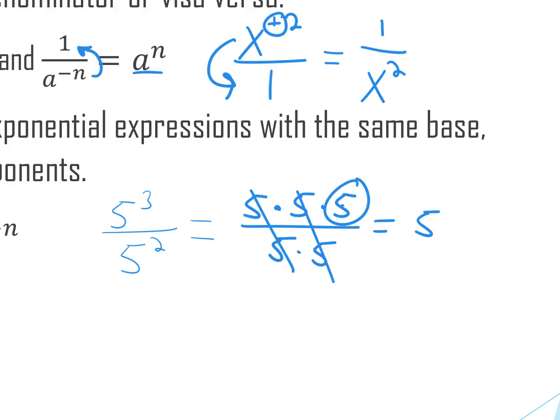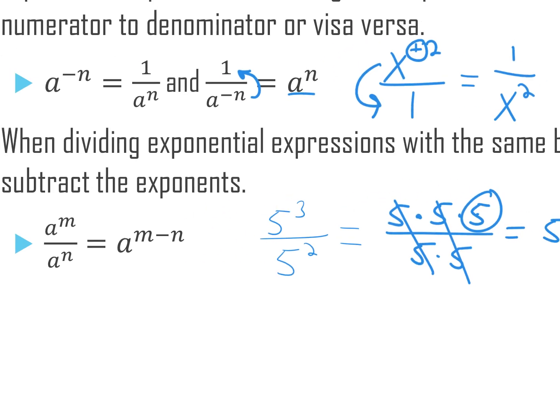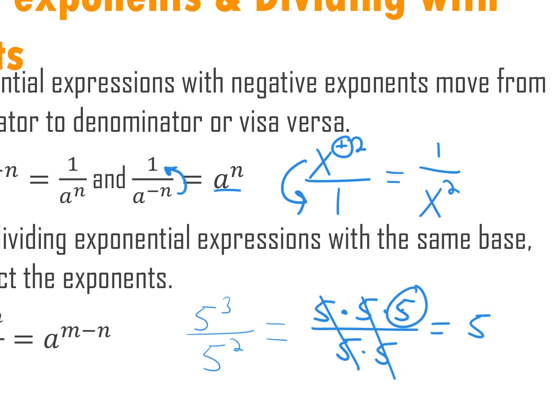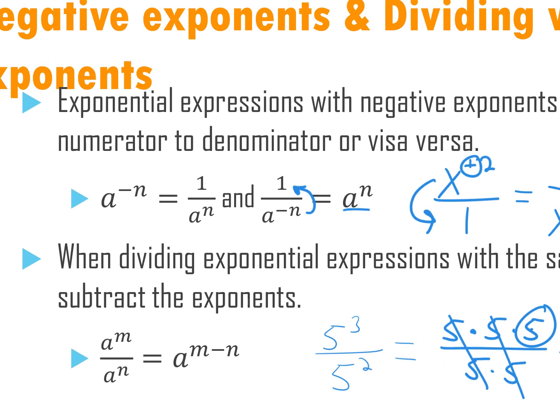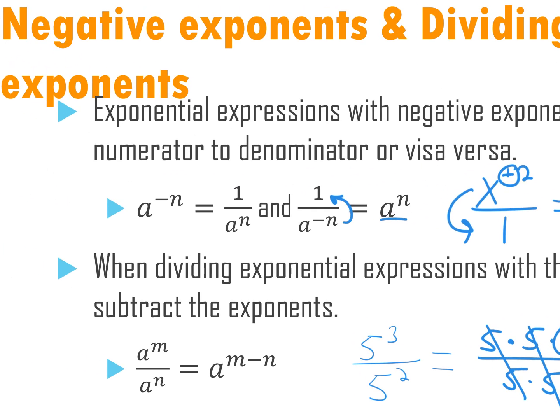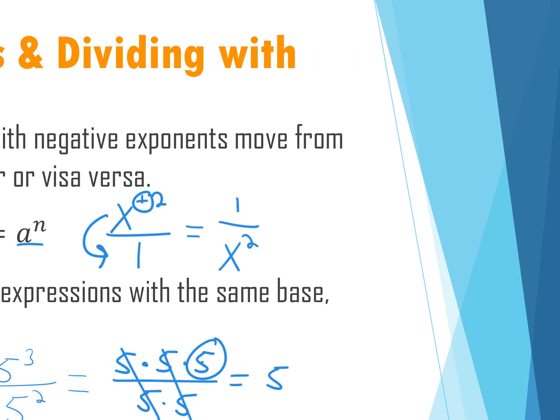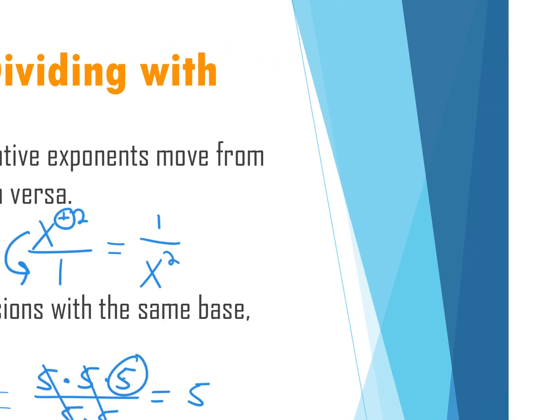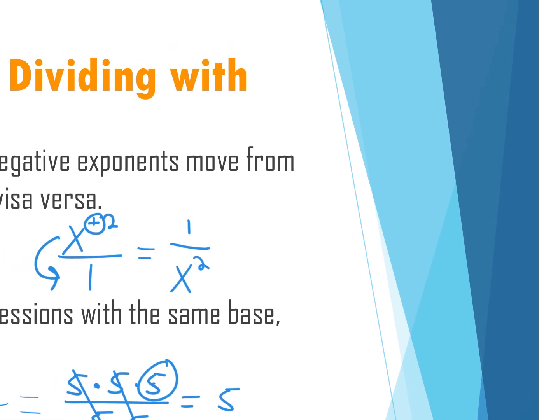Can you explain the first part again? Which one? The one with the a to the negative n. The negative exponents? Yeah. Like the rule itself, or do you want to know why it works? I just don't really understand it. It just switches its position, right?